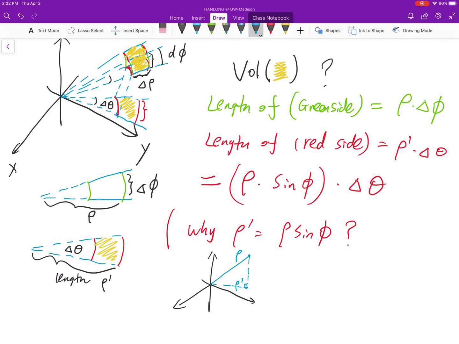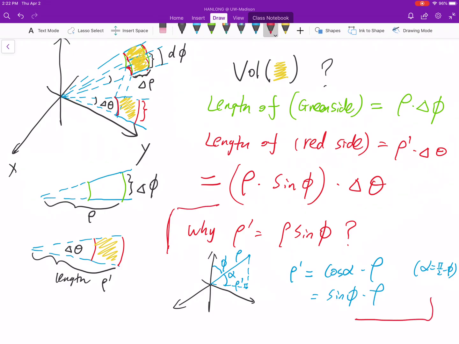And then of course rho prime will be cosine alpha times rho. But what is alpha? Since this is theta, this angle is phi. So alpha is pi over 2 minus phi. Therefore, you can derive the following.